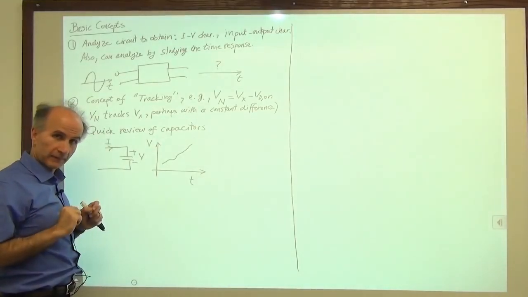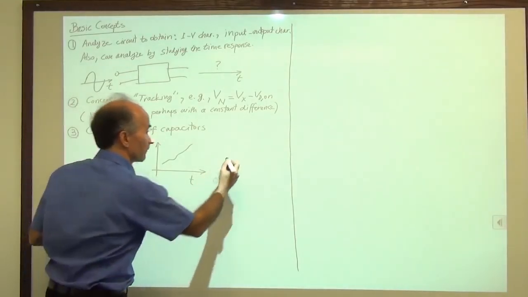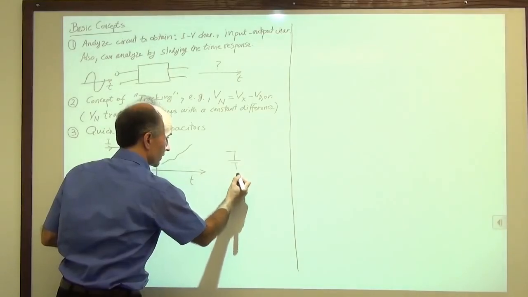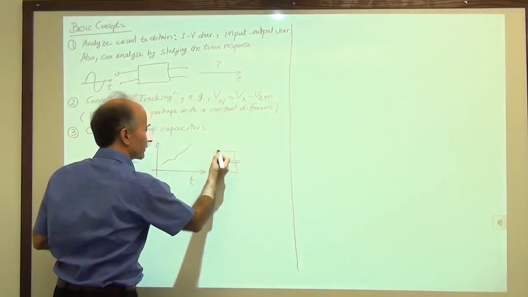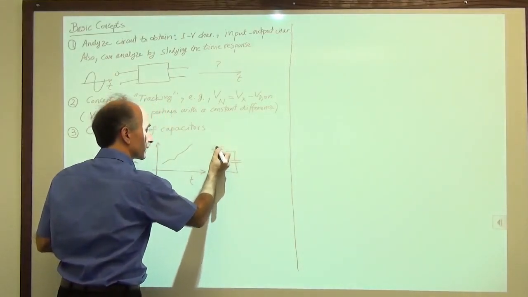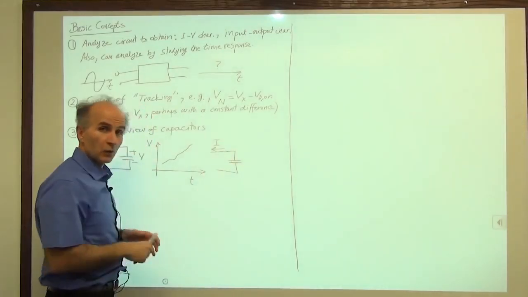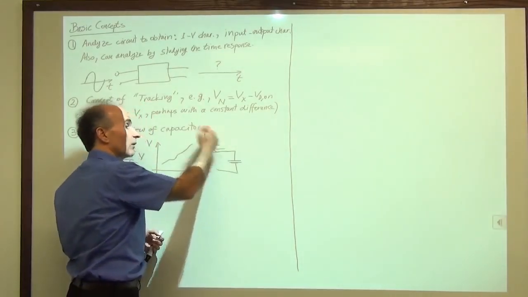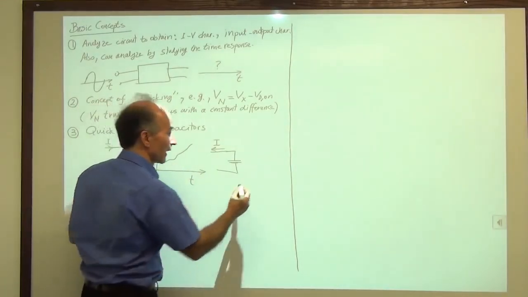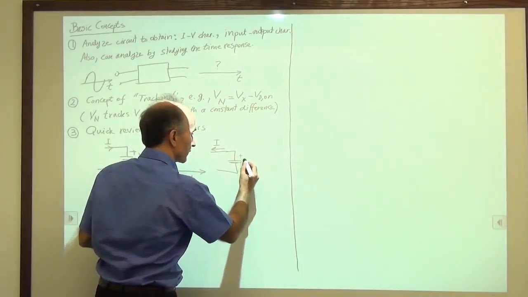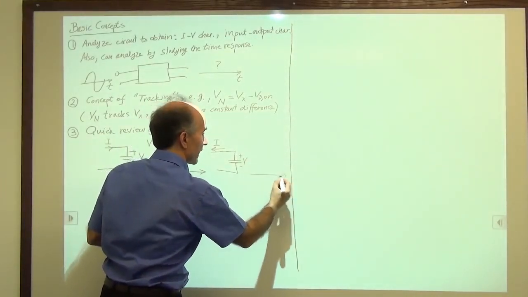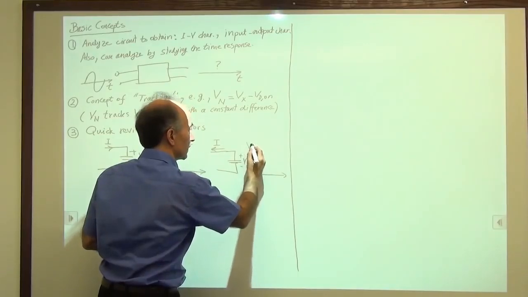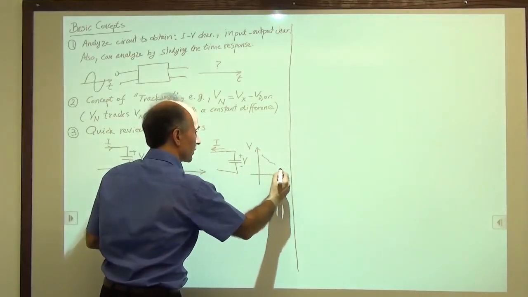So remember that. Conversely, if we have a capacitor and we take current out of it in this direction, so we keep taking positive charge out of the top plate, then what will happen is that the voltage keeps going down. So V versus T, it goes down in some manner.